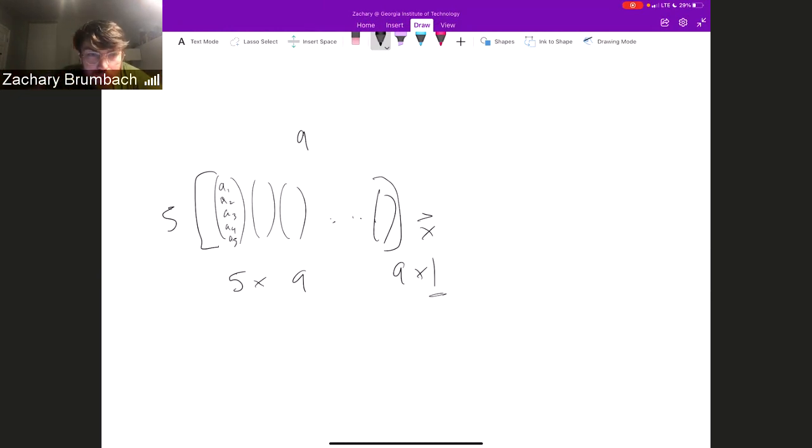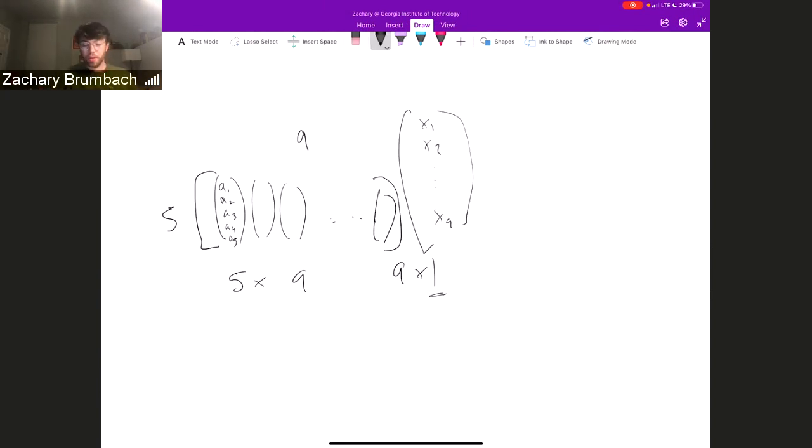Find one solution. Sorry, I'm just trying to triple read everything so I don't accidentally tell you something totally wrong. Yeah, a linear combination of 9 vectors, because this vector x looks like x1, x2, all the way to x9.